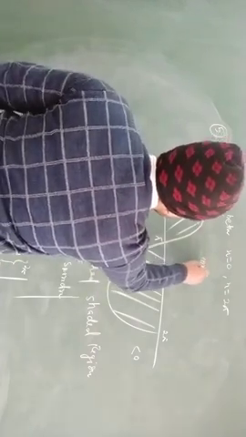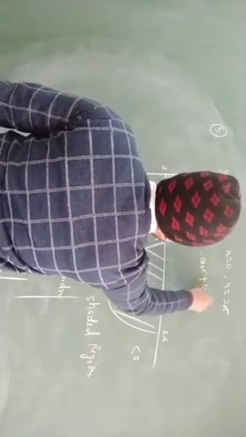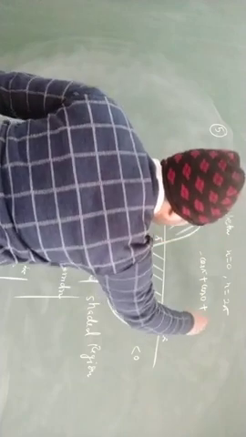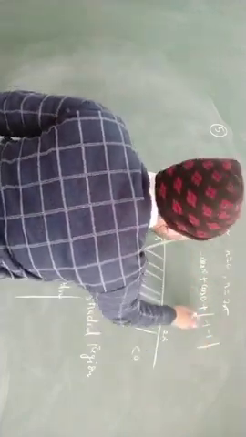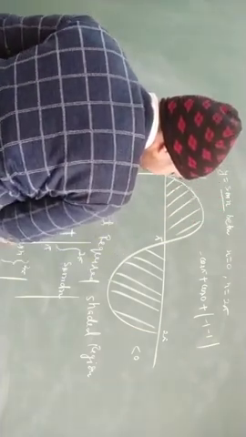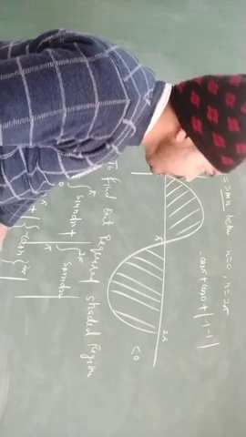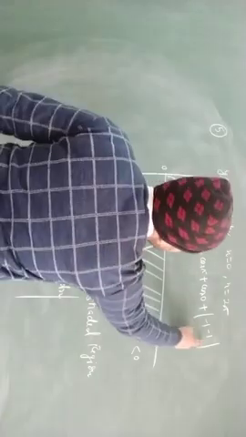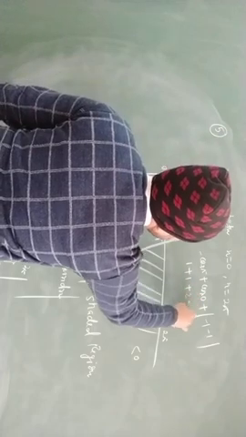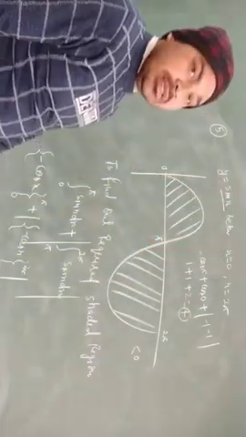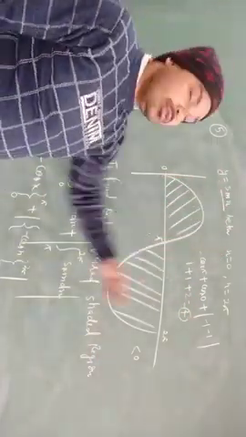The final answer is minus cos pi plus cos 0, plus minus cos 2 pi plus cos pi. Cos 2 pi is 1 and cos pi is minus 1, so that is 1 plus 1 equals 2, plus 2, equal to 4 units. Now the area of this whole bounded region is 4.